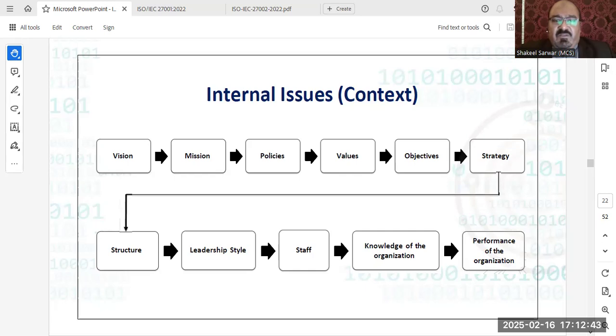Employee skills and competencies: availability of skilled personnel to manage and monitor the ISMS, training needs for employees on information security practices. Internal communication channels: effectiveness of internal communication to disseminate security policies and respond to incidents. Resource allocations: availability of financial, technical, and human resources for ISMS implementation and maintenance.